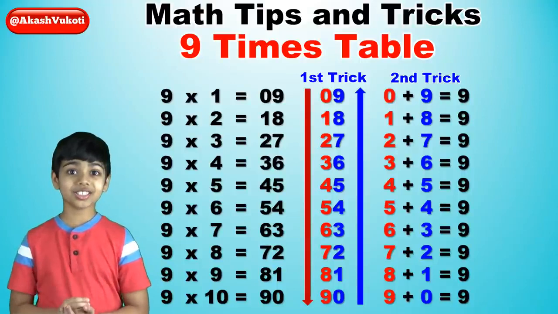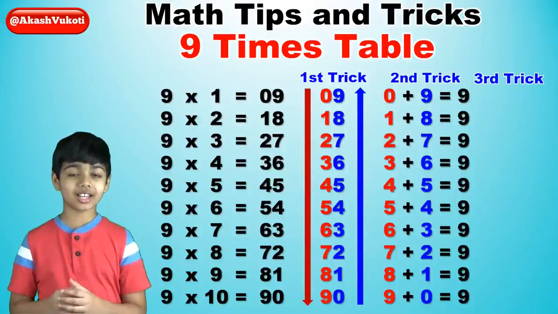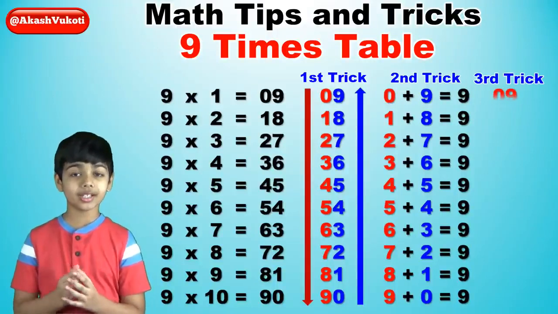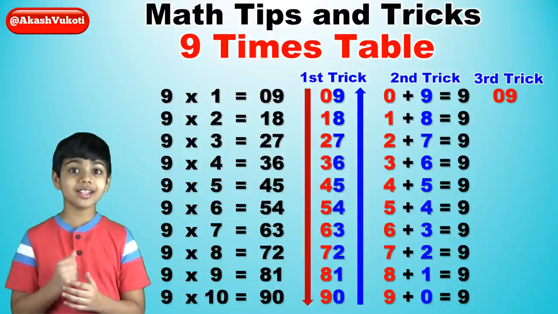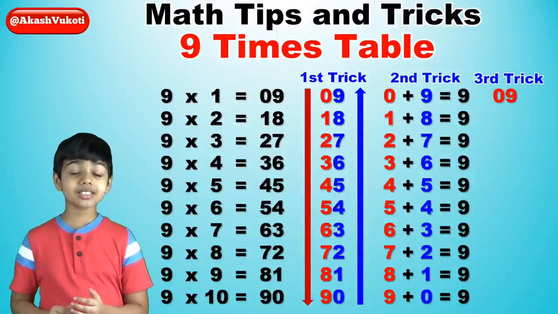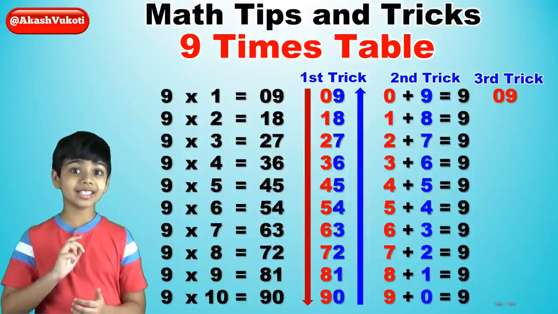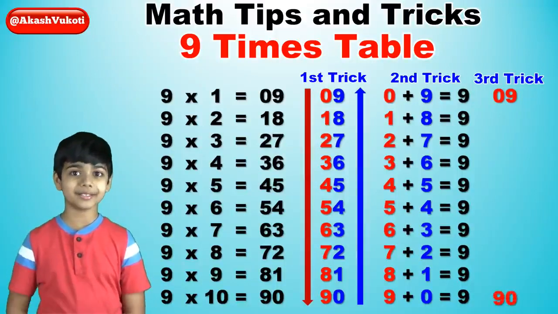The third trick is that you'll notice that 9 times 1 is 09, or 9. And 9 times 10 is the reverse, 90, or 90.